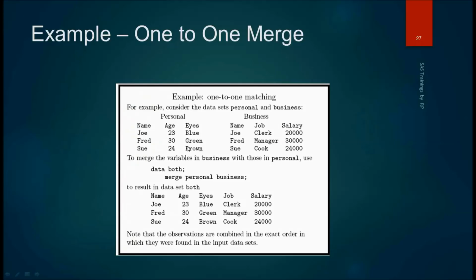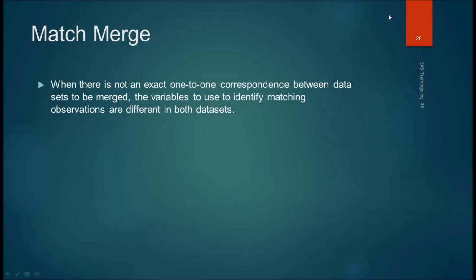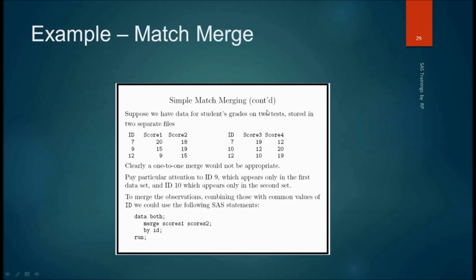So coming to the presentation, match merge is used when there is not an exact one-to-one correlation between the datasets. If you see the match merge example here, there are 2 datasets called grade 1 and grade 2. In the grade 1 dataset, we have a common variable called ID present in both datasets.